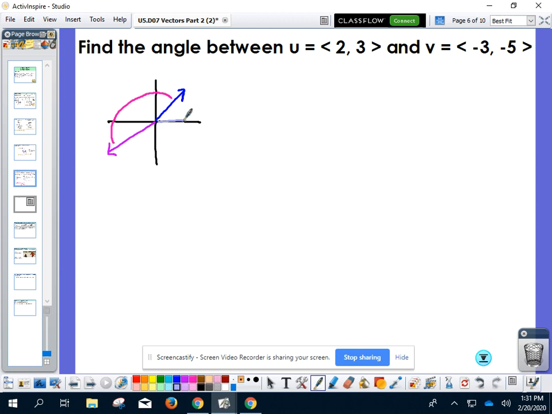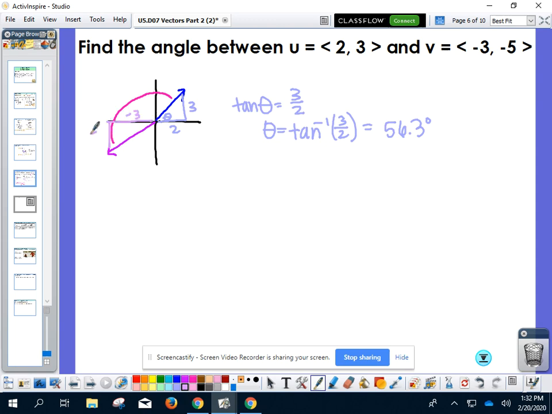The base of that first vector is 2, and the height is 3. So for that theta value inside, I solve for that. Tangent of theta is equal to opposite over adjacent. So theta would be equal to inverse tangent of 3 over 2. When we evaluate that in our calculator, that's going to be 56.3 degrees. Then I'm going to take that vector in the third quadrant and do the same thing.